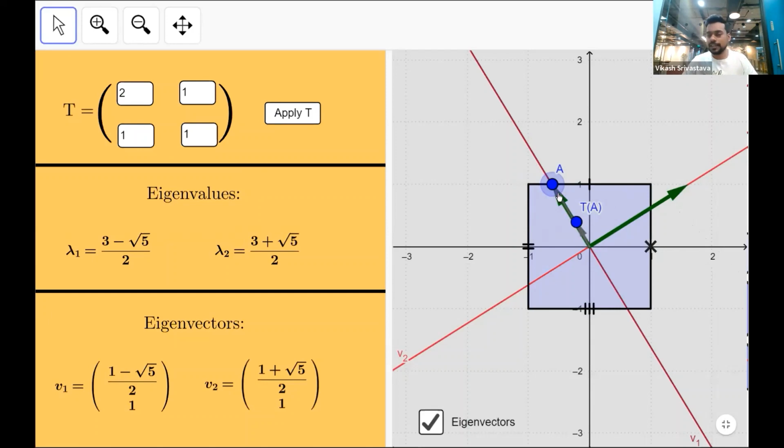So these green vectors we will call the eigenvectors of this transformation T. I'll pick A and place it over here. Here also, on the green one, my transformed vector and the original vector A are in the same direction, just scaled.